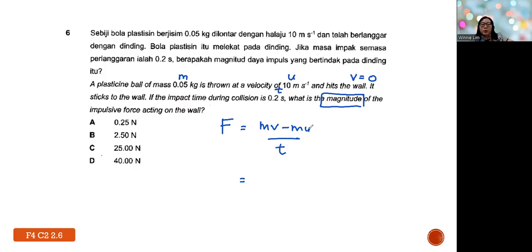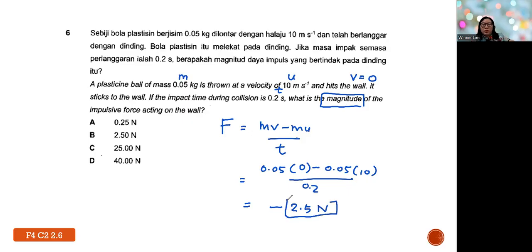Based on what you have, now you can sub the values accordingly: 0.05, final velocity is 0, then 0.05 times 10, and the time 0.2. By right, you're supposed to get a negative answer, and the magnitude is 2.5 Newton because they want the magnitude. So you can straight away take the 2.5 Newton, and therefore your answer is B.